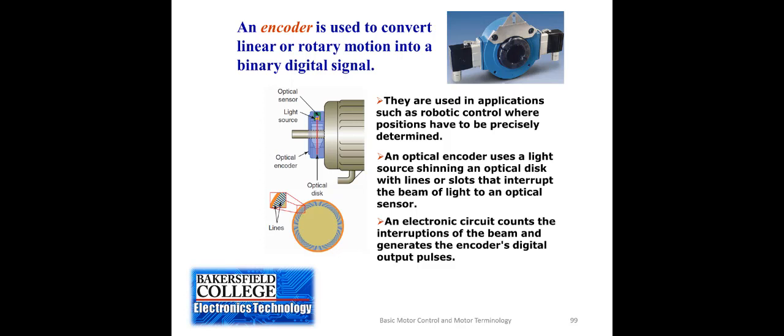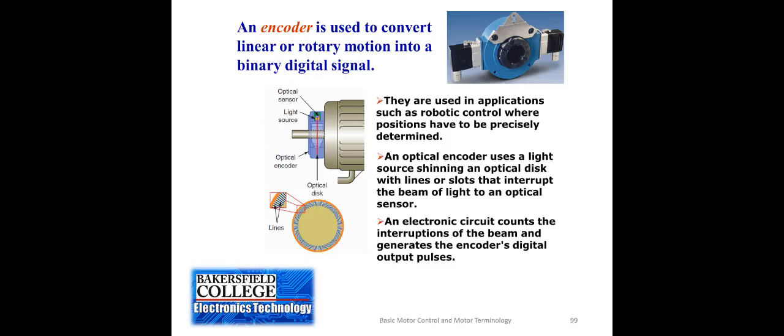Another type of sensor is called an encoder. One thing that they use with an encoder is the same system like you would see in a light beam sensing system, like we were talking about, a photoelectric system. So there is a light source, and on the opposite side, there is a detector. The motor shaft is connected to a disc that is actually clear, and it has lines drawn on it.